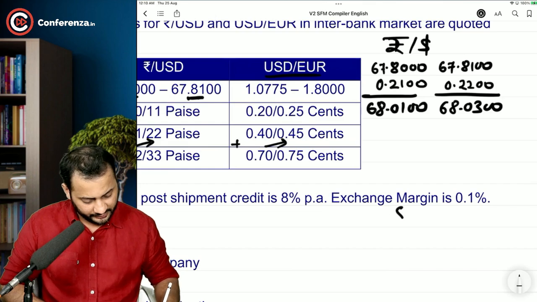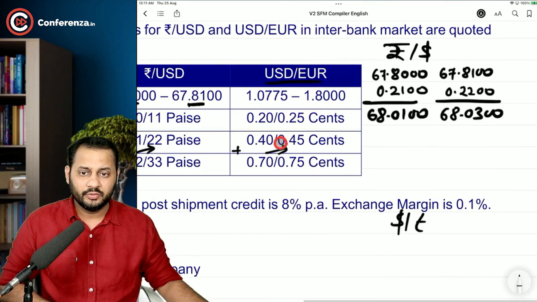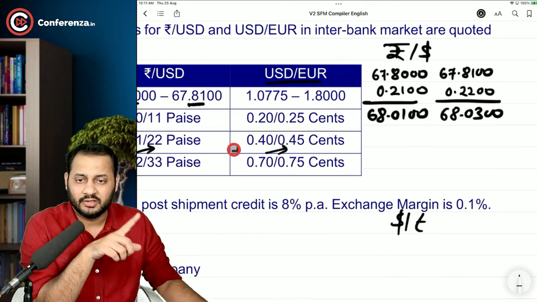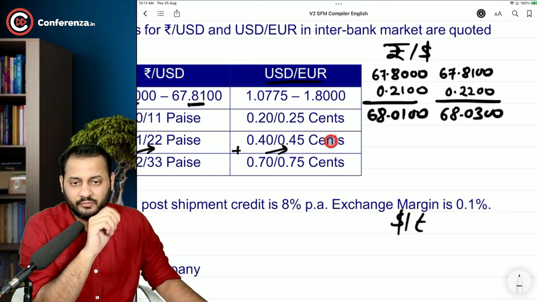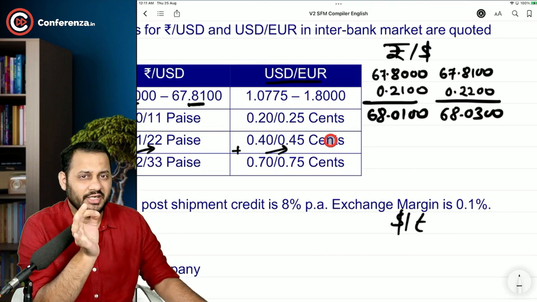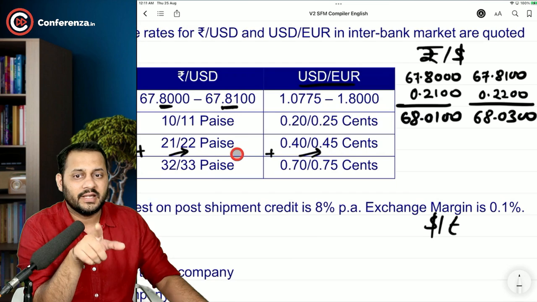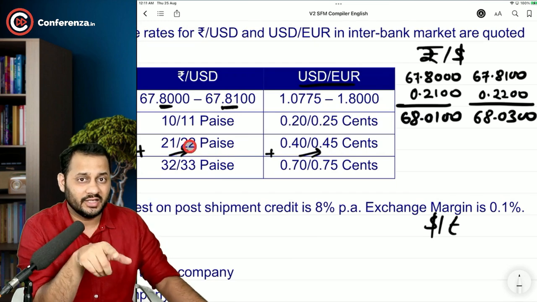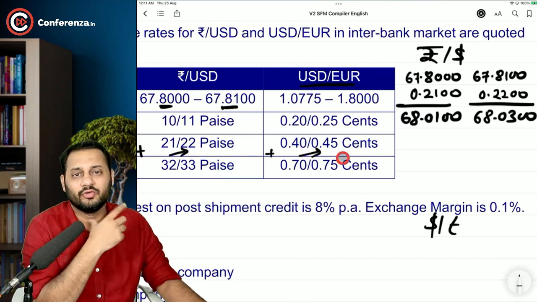I will just take it here, dollar per euro. Now understand, in the dollar per euro, the cents are given. In a similar manner, the cents are for the dollar. 100 cents is equal to $1. But there is a slight variation in the presentation of paise and cents. Paise are given as 21 and 22, cents are given as 0.4 and 0.45.